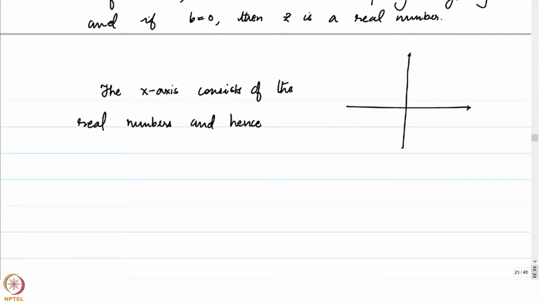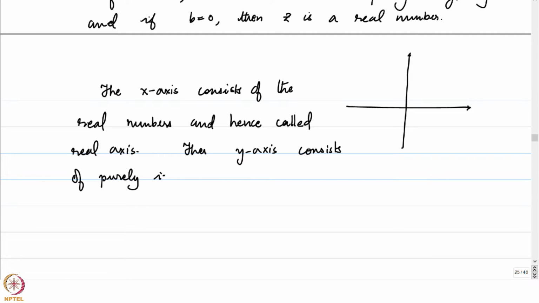So when we say real axis, we mean the x-axis. And if a is 0, then in a plus ib, ib will be mapped to (0, b), and that will be the y-axis. The y-axis consists of purely imaginary numbers, and is called the imaginary axis.